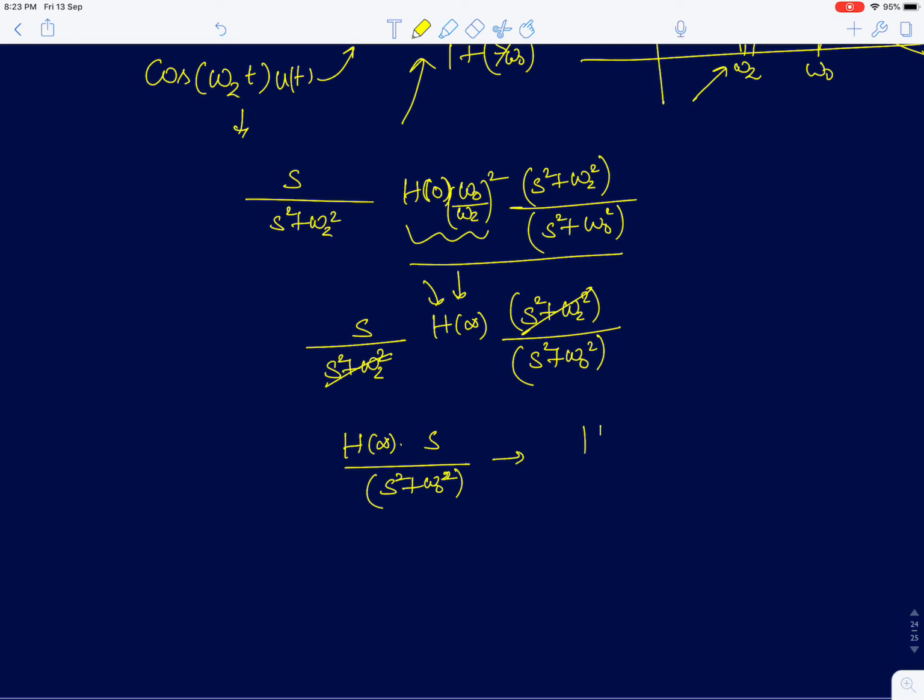Taking the inverse Laplace transform, I'd get h infinity into cos omega naught t into u of t. So you fed a sine wave of frequency omega z, but at the output there is no frequency omega z. The output contains only one frequency, which is omega naught.